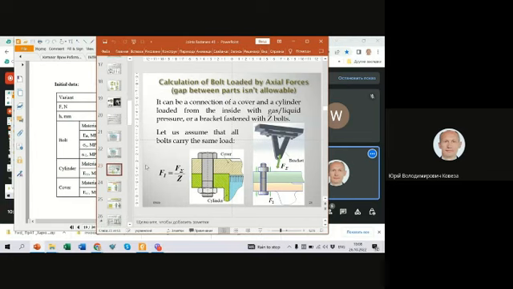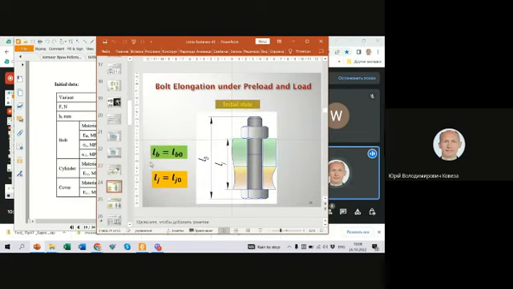And initially bolt has a length LB equals LB0. It means that we don't tighten this joint, and we have known length.